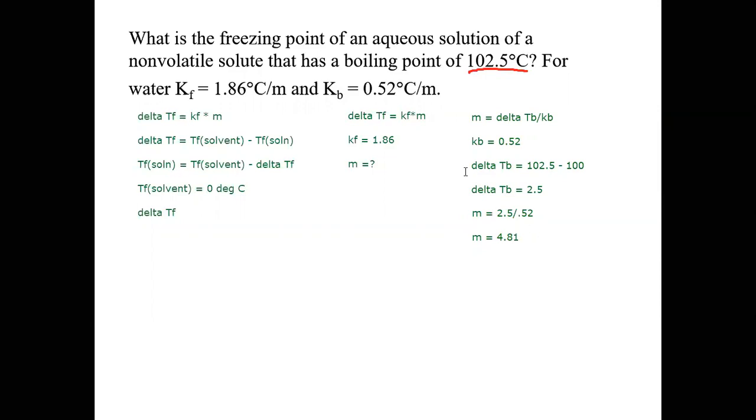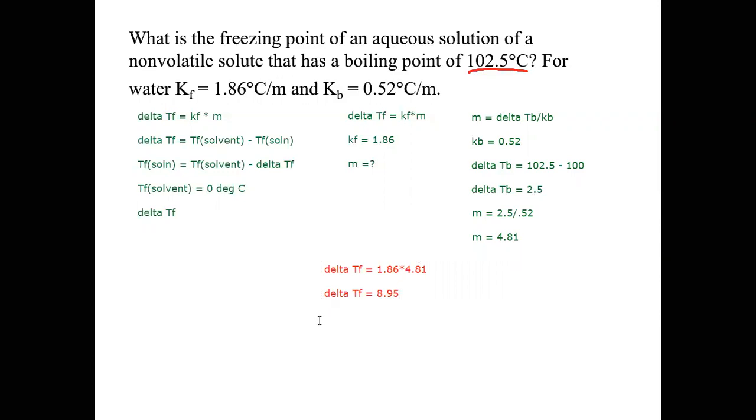Now that we know the molality of the solution, we can calculate delta TF. So delta TF equals KF times 4.81, and so delta TF is 8.95.